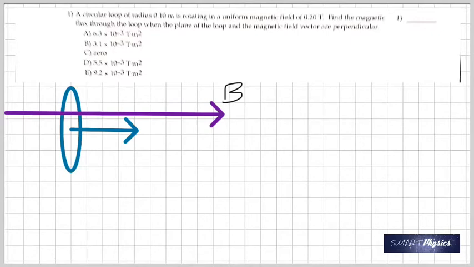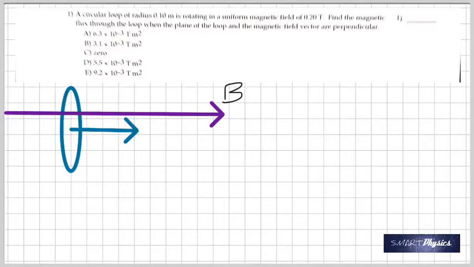So if this is the magnetic field, the plane of the loop is perpendicular to the magnetic field. But remember that we always take the angle with the perpendicular drawn to the loop, which means the magnetic field and the perpendicular drawn to the plane of the loop are now parallel.